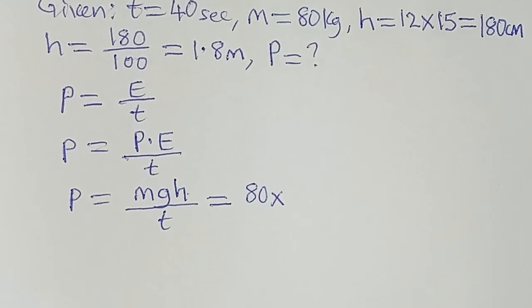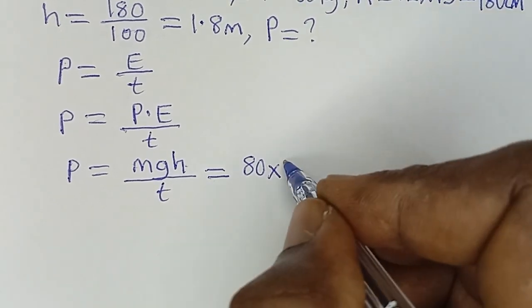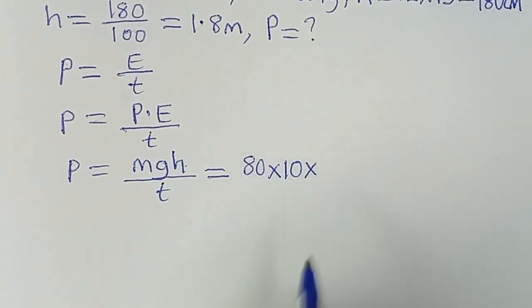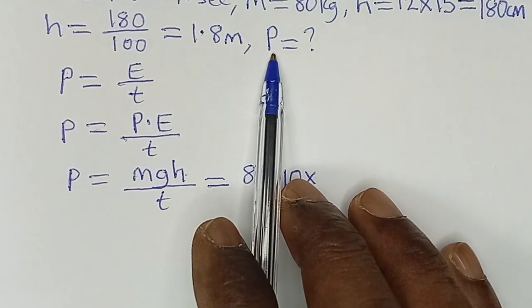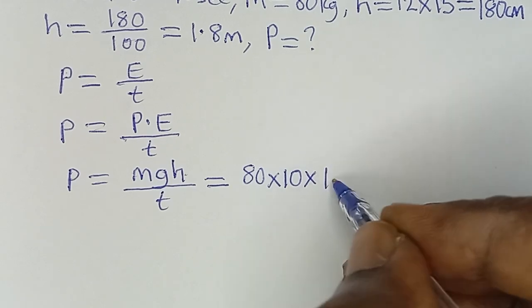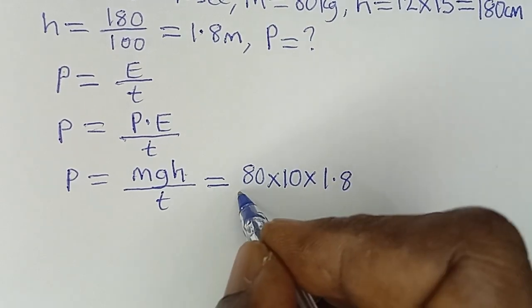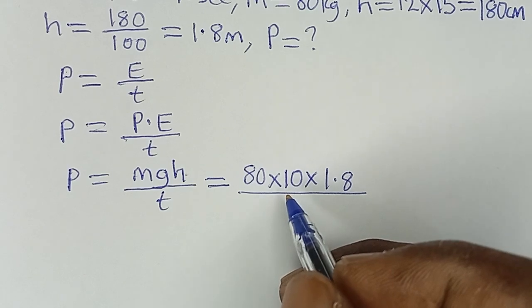So I'll multiply that by 10. And then multiply by the height. We can see the height here, which is 1.8. So the height is 1.8, and then all divided by the time.